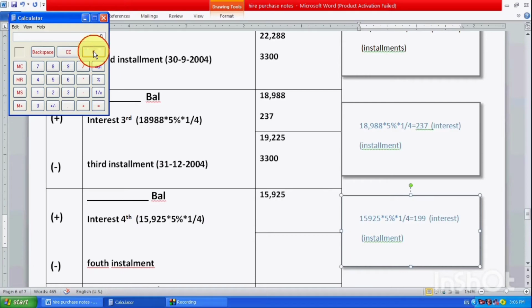Let's see on calculator. 15,925 into 5% is 796, into 1 divided by 4.